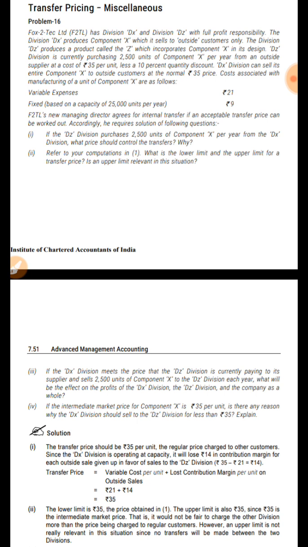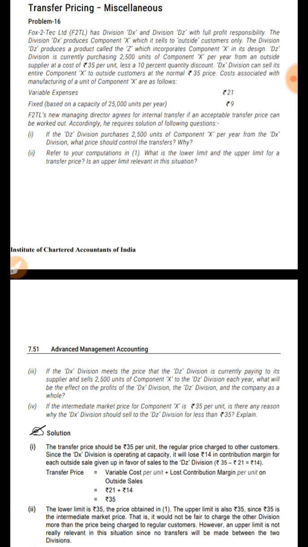Now the managing director is saying that he is ready to accept the transfer price, but he is asking what price should control the transfers and why. Obviously it has to be the same 35 rupees, because whenever there is an external market, the transfer price to be fixed should be variable cost plus contribution lost.